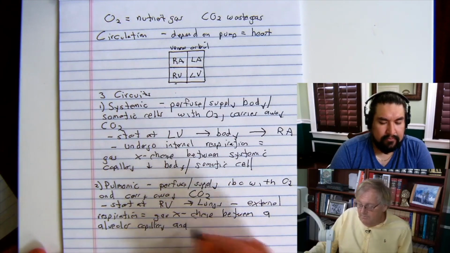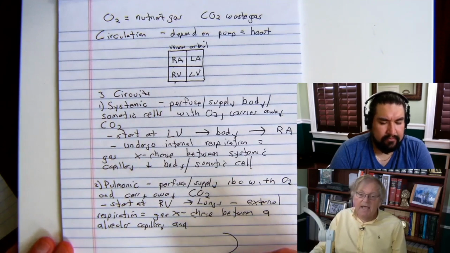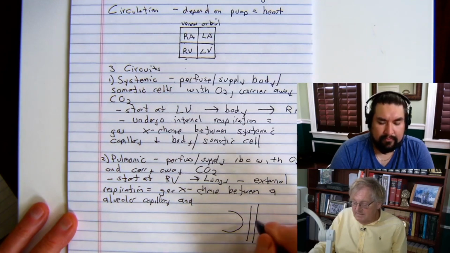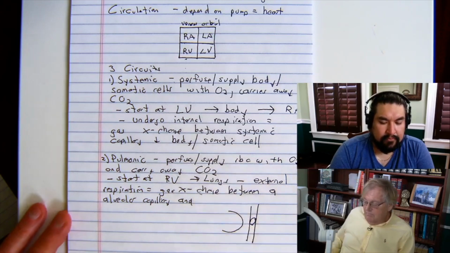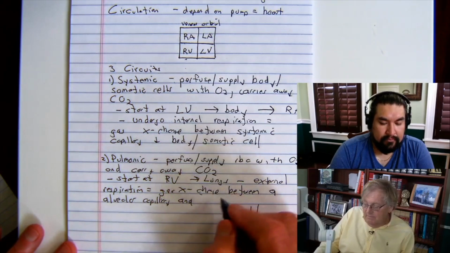So just remember, if this is an alveolus or an air sac in my lung, and this is an alveolar capillary sitting over here, and sitting inside of here is a red blood cell, this is going to be gas exchange between an alveolar capillary and a red blood cell.